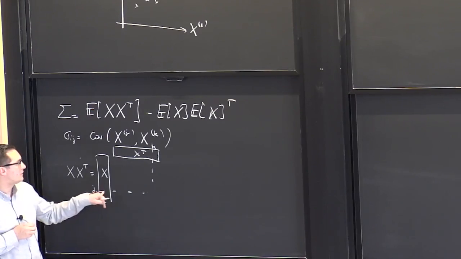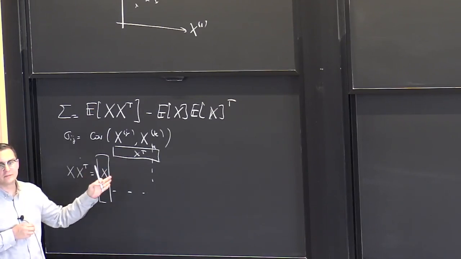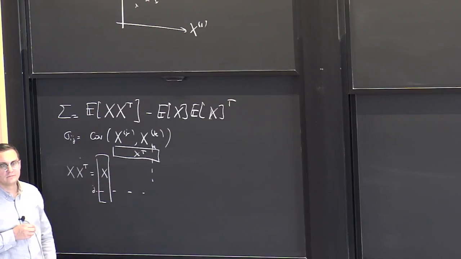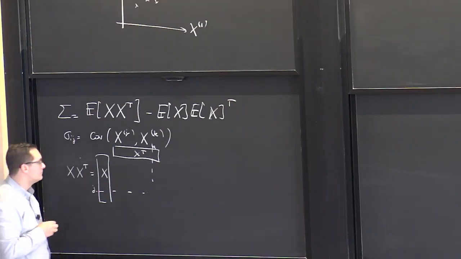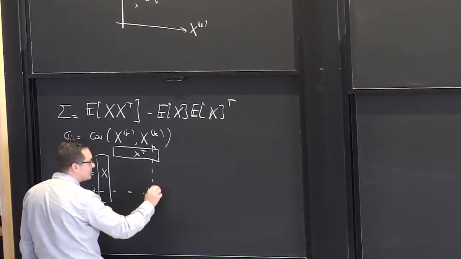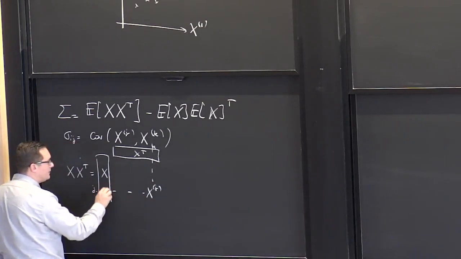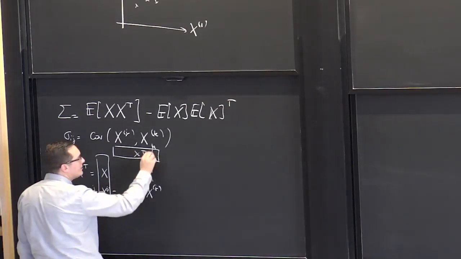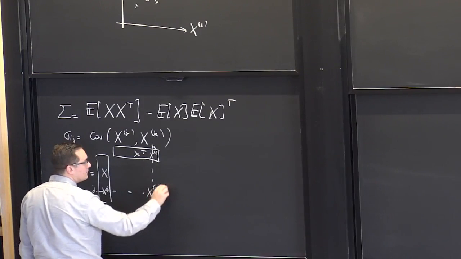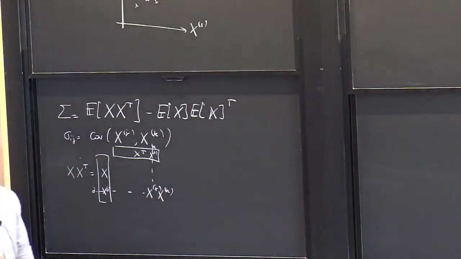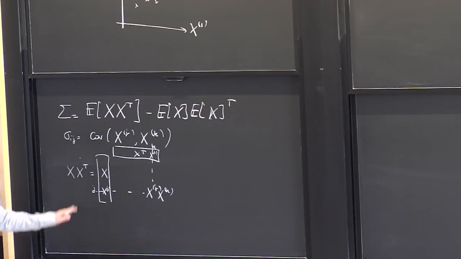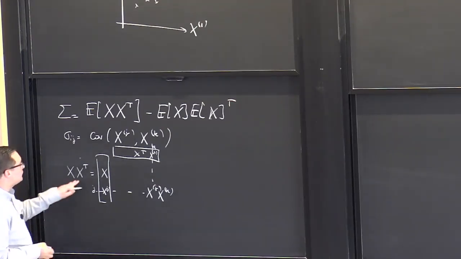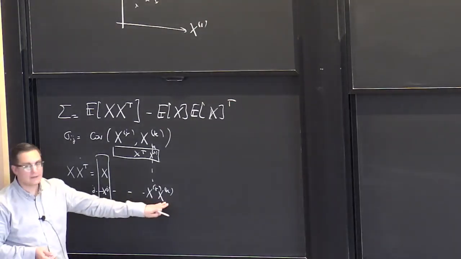Right, so how do I form the product between a vector and a column vector? Yes? Exactly, right? So this is xj, which was the number that we had here, and xk, which was the number that we had here. Okay, just take the product of those two, and that gives you this matrix.